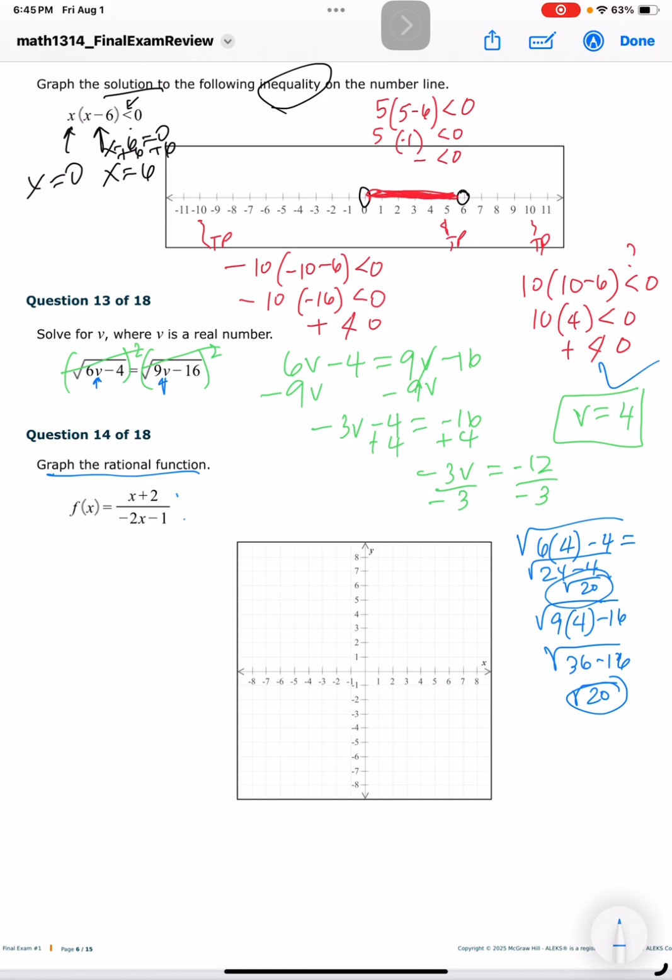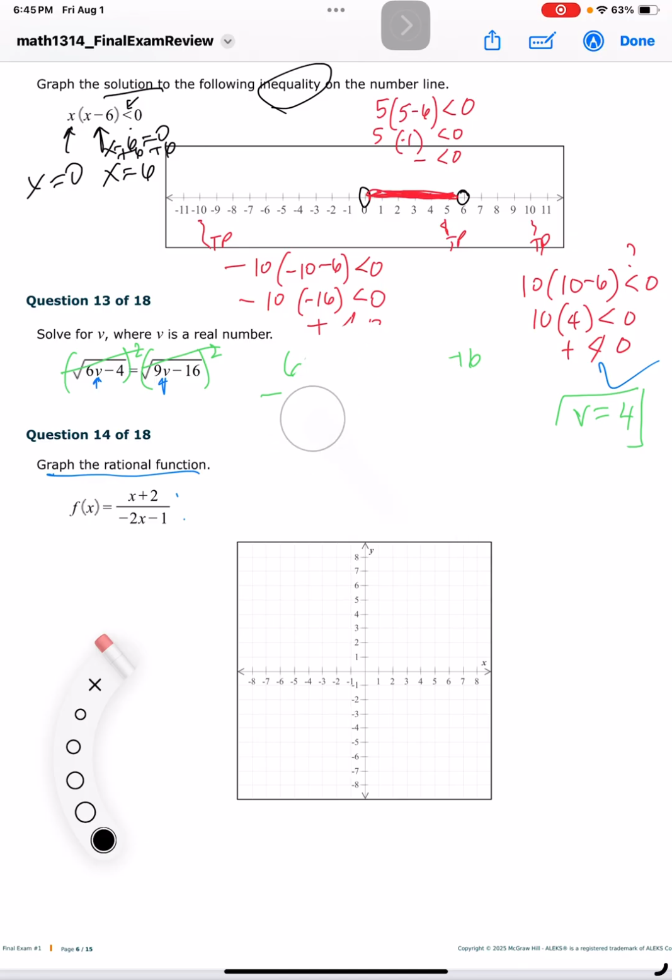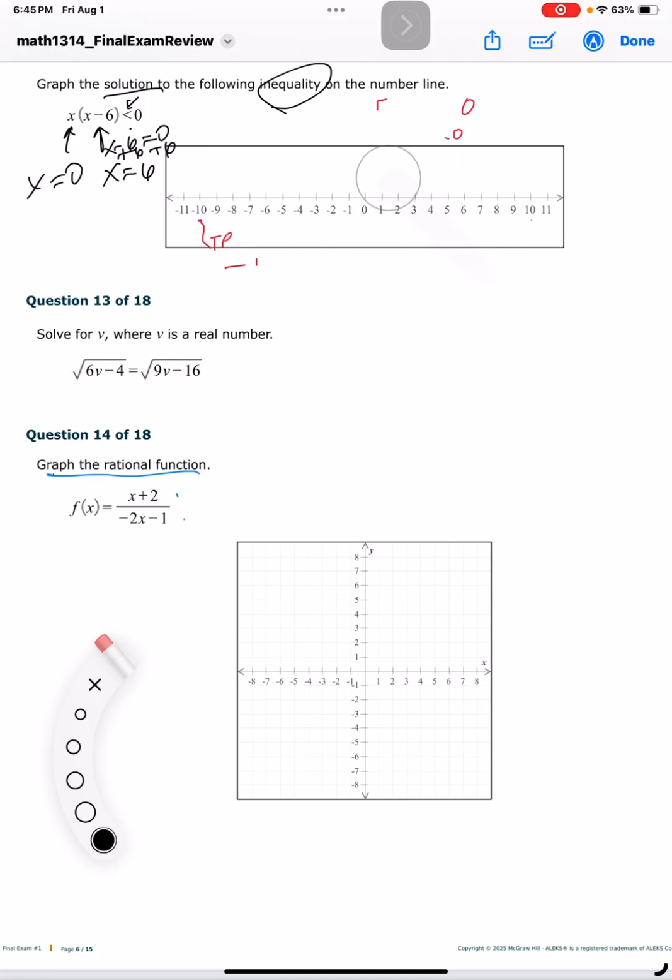So the first thing we want to figure out is what is our domain restrictions, or our vertical asymptotes. And then we'll look for horizontal asymptotes, and that will help to usher in the next phase of this. So that we can have plenty of space here, I'm going to erase some of this prior work so it doesn't get in our way, and so we can start looking at this problem.